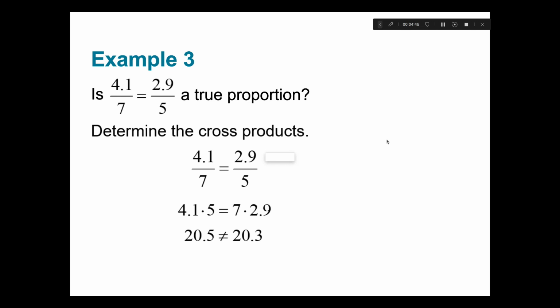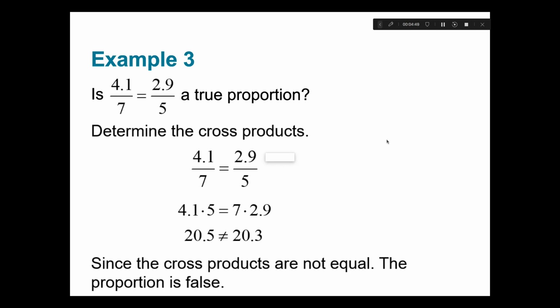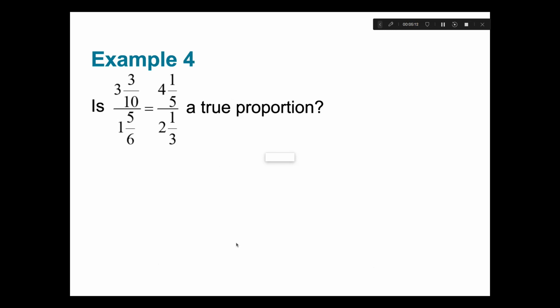It means they cannot be reduced down to equal each other. So we can draw a little equal sign with a slash through it. Today is an online assignment, so it's going to say, are these proportions equal, true or false? And you're going to say yes or no. True, yes. False, no.